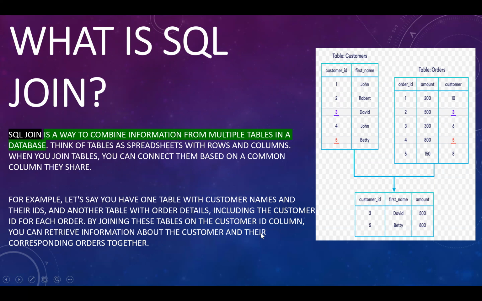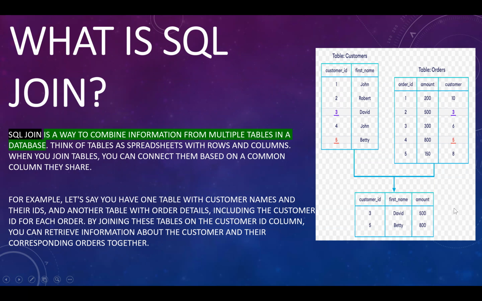So what do I mean by that? Just see here in this example on the right side. We have an orders table and a customer table, and the kind of summary we are expected to give is customer ID, their first name, and the amount they have spent on their orders, right?